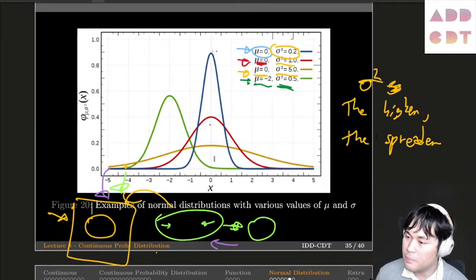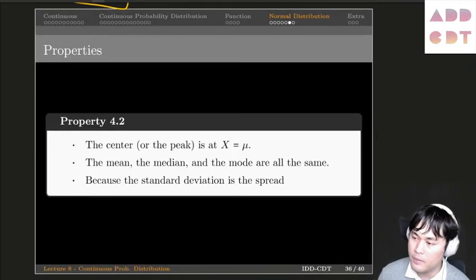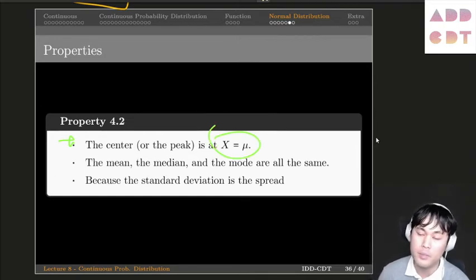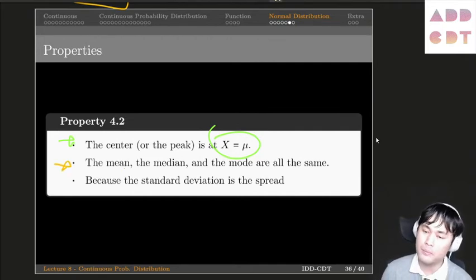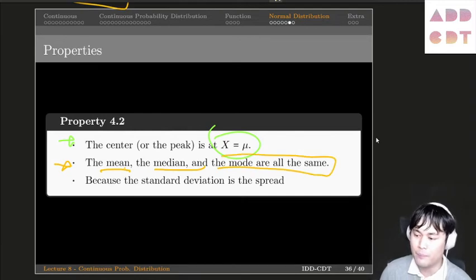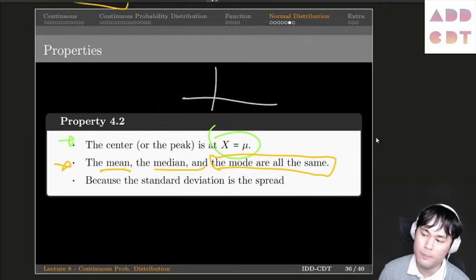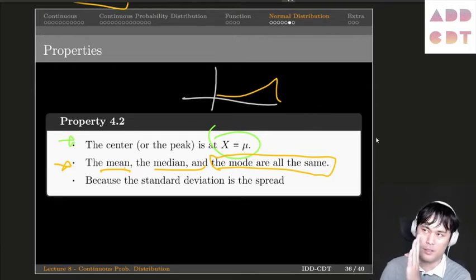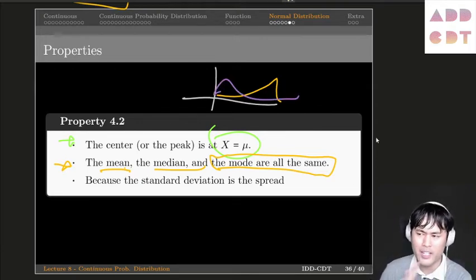Okay, and there are several properties there, and I have actually explained before. So the center or the peak of the graph is still x equals mu. Next one is interesting. For the sake of simplicity, we assume that the mean, the median, and the mode are all the same. Remember from the second week of the class that they can be different. And if they are different, they're gonna give you different kinds of plots. Maybe it's skewed to the left, maybe it's skewed to the right.